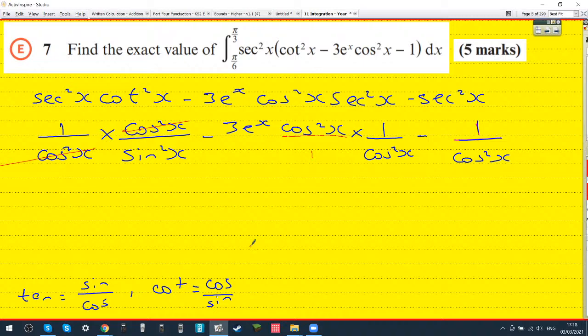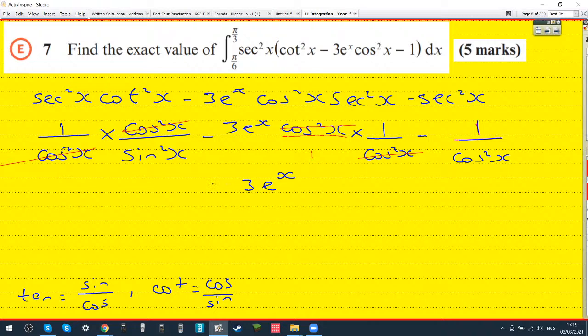But isn't that attached to the 3e to the power of x? It doesn't matter. So would that bit just become 3e to the power of x? Yep. And so that bit there is 3e to the x. So now let's change everything back.